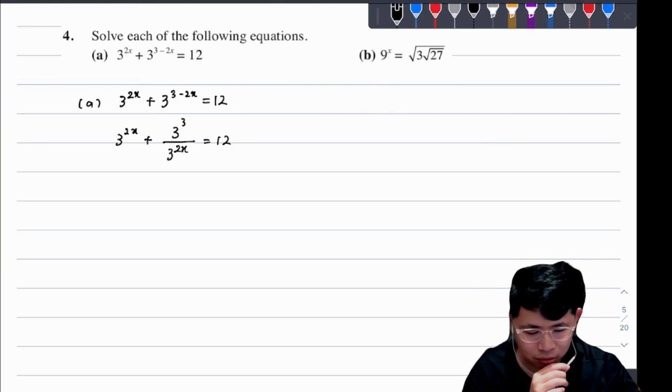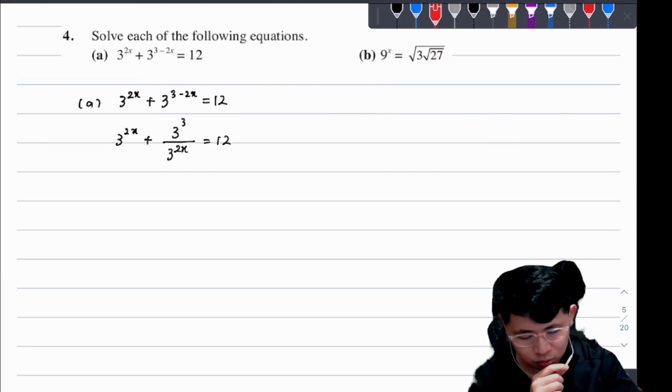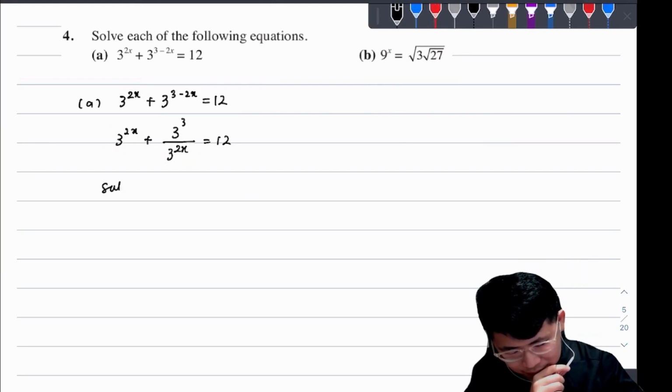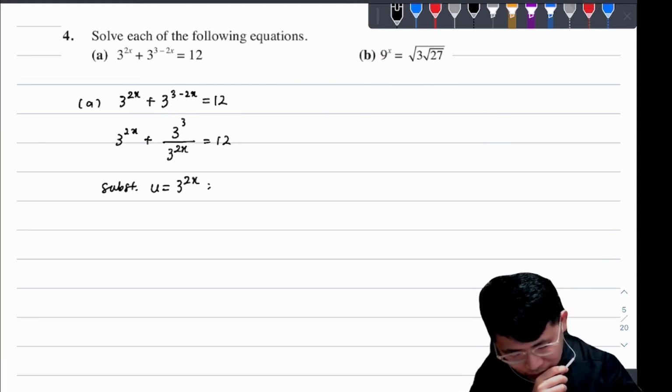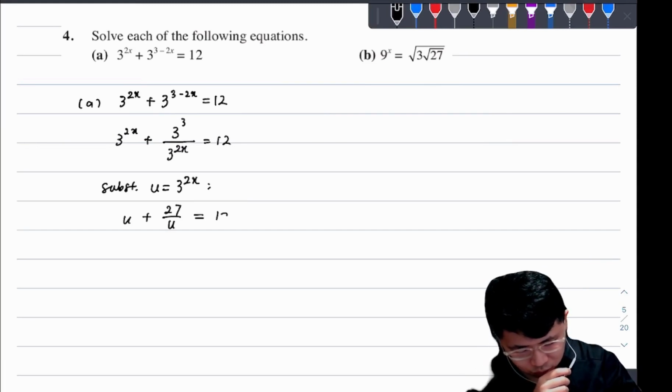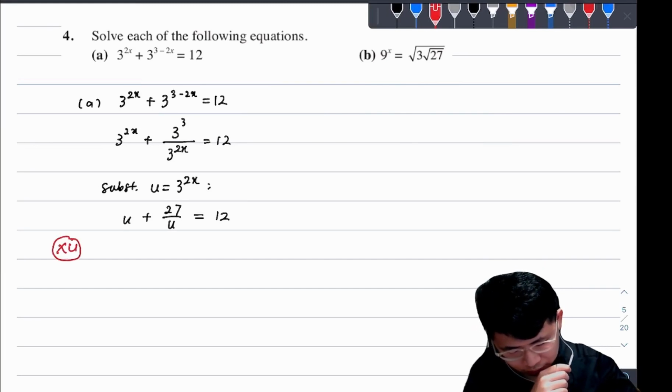Okay, so just nice, I have something already. I have my 3 power 2x, and I can use a smart substitution. I will let u be 3 to the power 2x. So I will have u plus 27 over u equals to 12. Multiply the whole thing by u throughout.